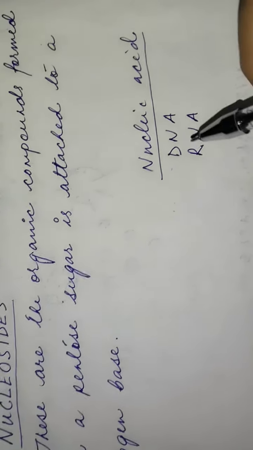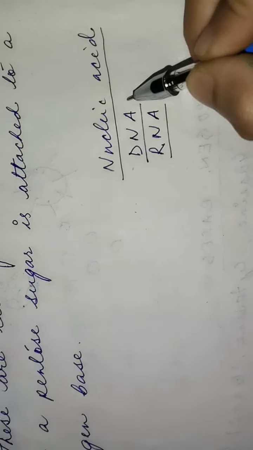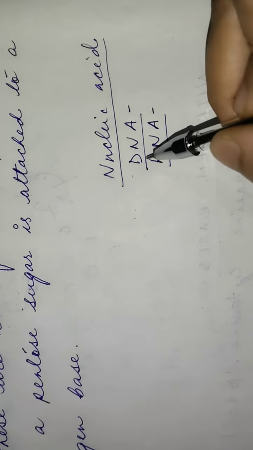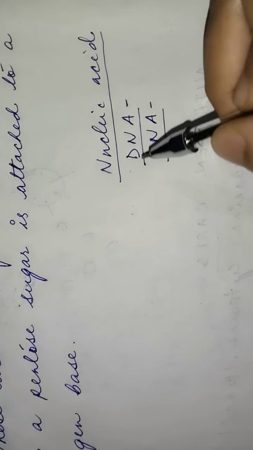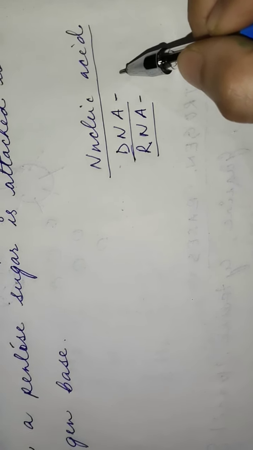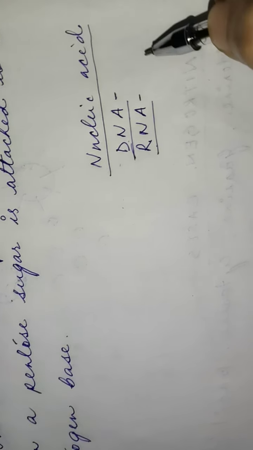Each has 4 nitrogenous bases. We have a total of 5 nitrogenous bases, out of which 4 are found in DNA and 4 in RNA.